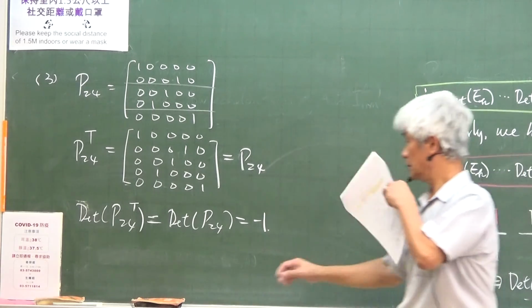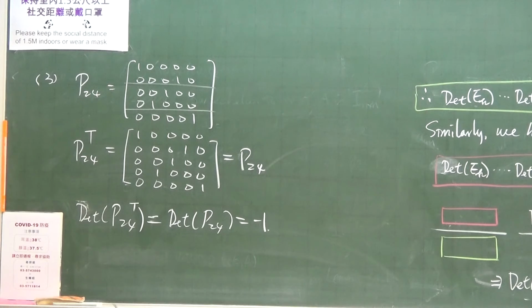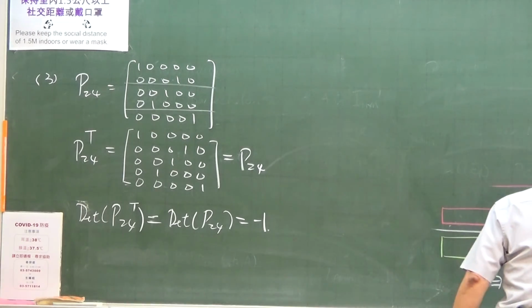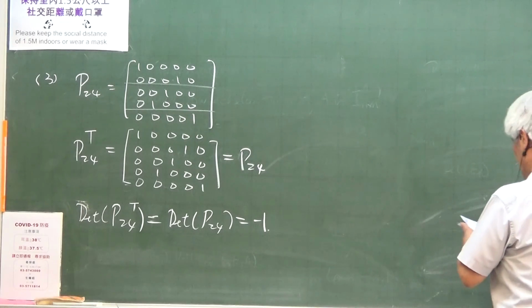So there are observations on 5 by 5 elementary matrices. But as you can see, it is a general result. So let me just state it.